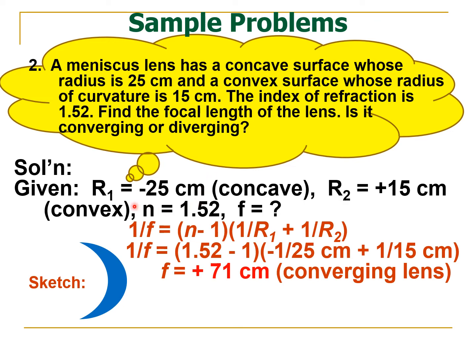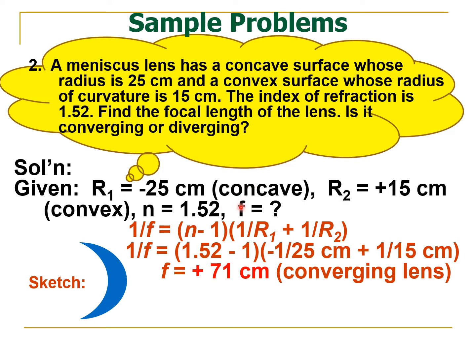Identifying both R1 and R2, we have negative 25 centimeters for the concave surface. Since it's concave, that's why it has a negative sign. For the other surface, R2, it is convex and therefore it has a positive sign for the radius, 15 centimeters.